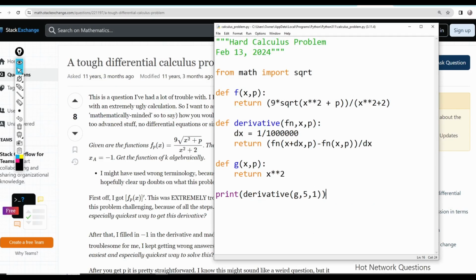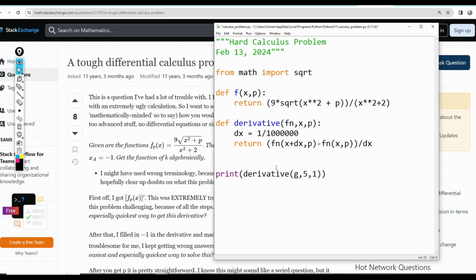Now all we have to do is do that for f. And we're going to vary the values for p. It looks to me like p can't be anything from -1. It could be -1, but it can't be anything smaller. We'll start off with 0.